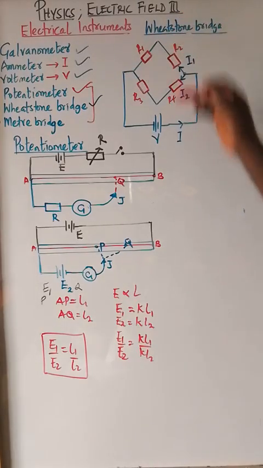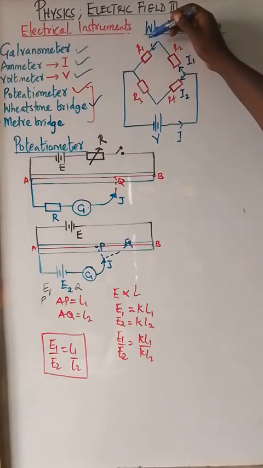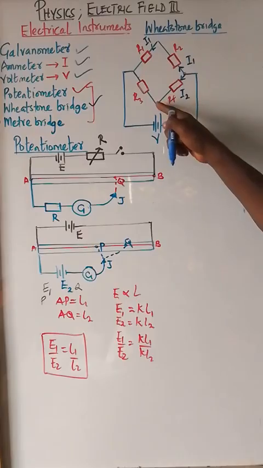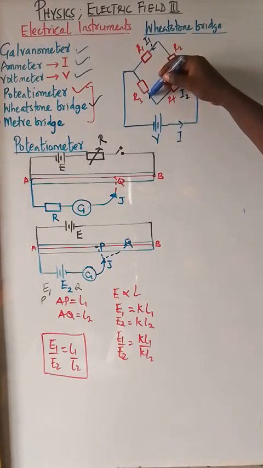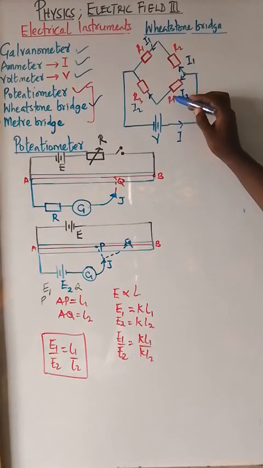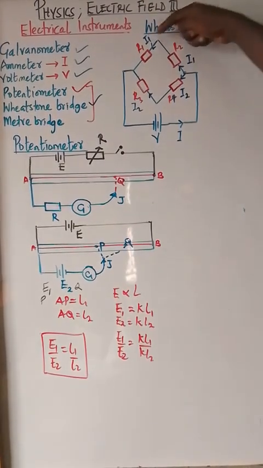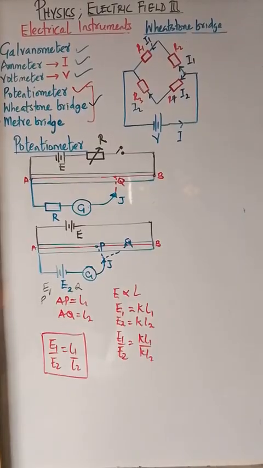So the current that passes through R1 is also I1. I1 also passes through R2; this is not a node. This same I2 passes through R3 and R4, so the current through R3 is also I2. When I1 and I2 meet, they reconnect and the flow continues this way.